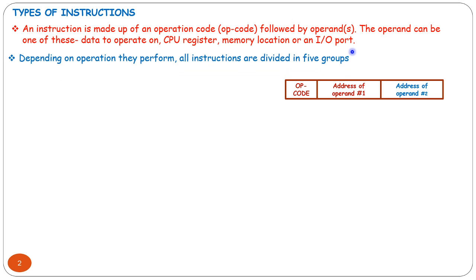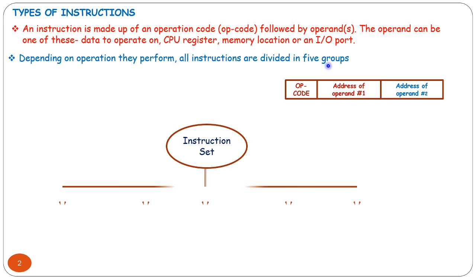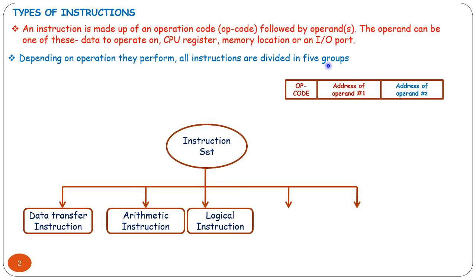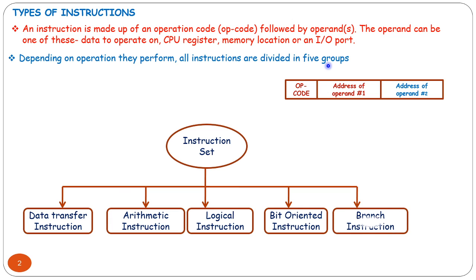Depending upon the operation they perform, all instructions are divided into 5 groups: data transfer instruction, arithmetic instruction, logical instruction, bit oriented instruction, and branch instruction.